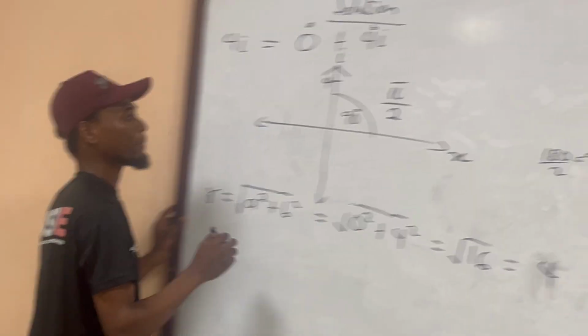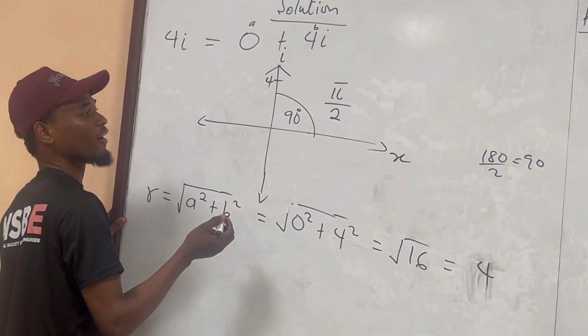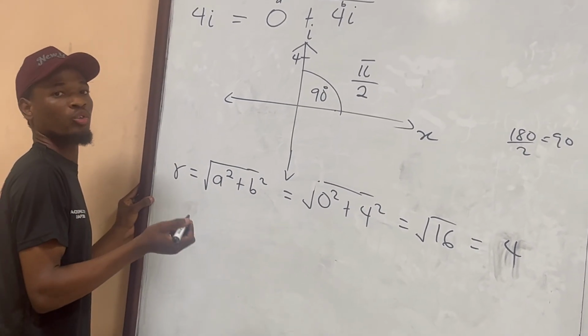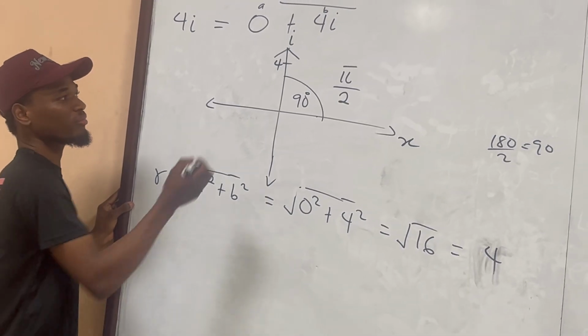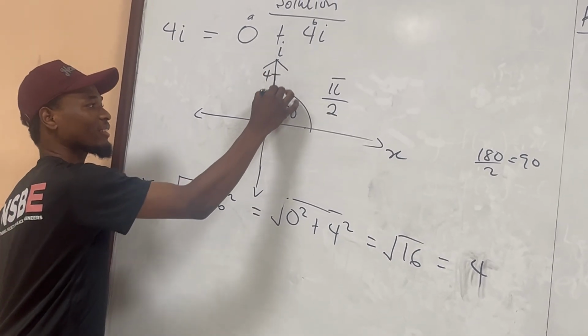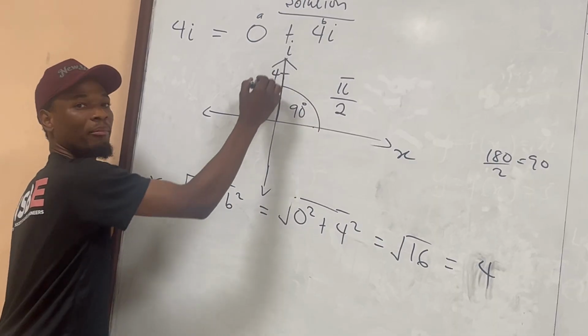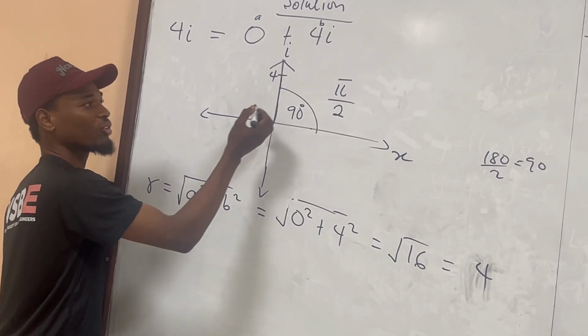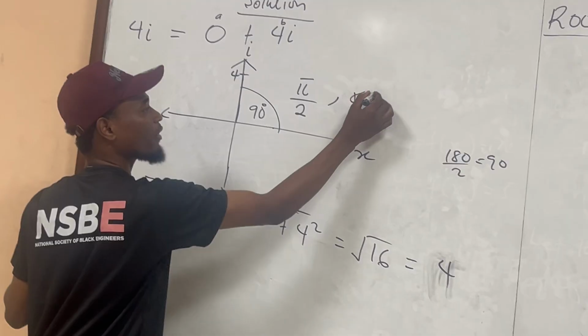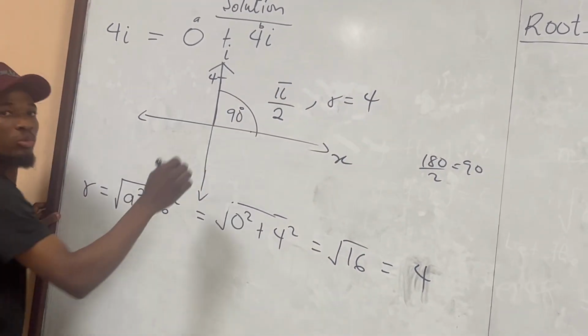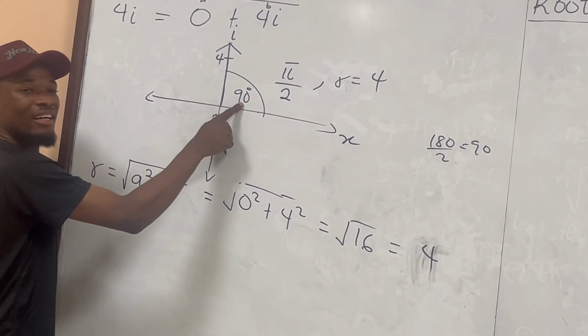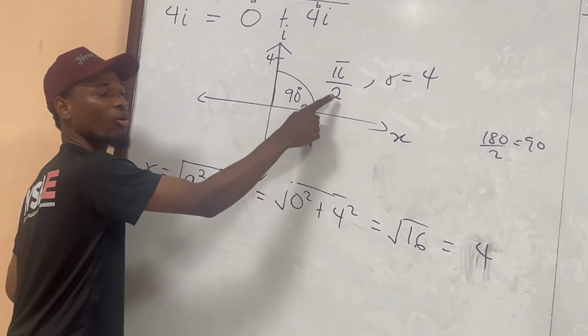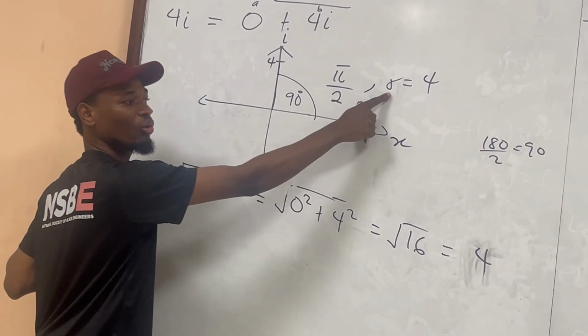The length of this line is my r, so my r is equal to 4. So my angle is 90 degrees or pi on 2 radians, and my modulus is 4.